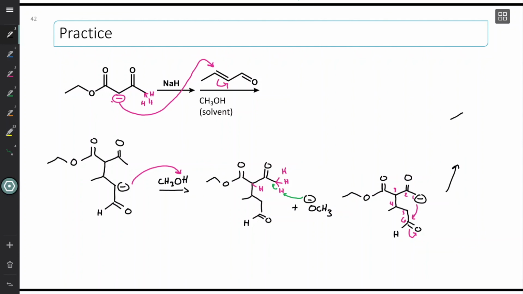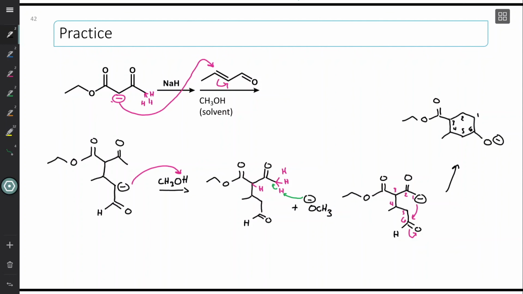I'll just draw a 6-membered ring and label it right off the bat. 1, 2, 3, 4, 5, 6. So at 6, we have our oxygen from the aldehyde. At 4, we had a methyl group. At 3, we have the ester.